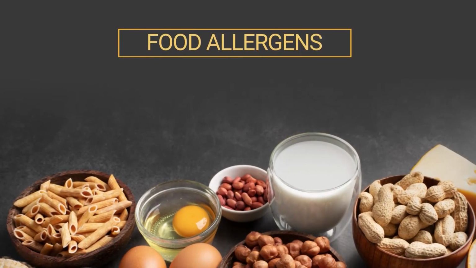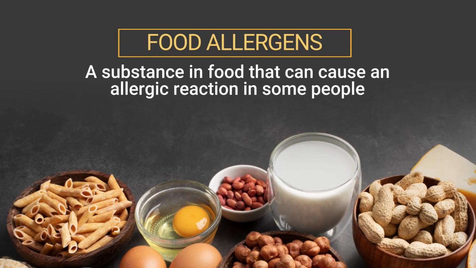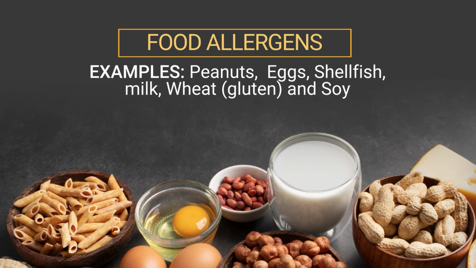Food allergens are becoming very important in the present scenario. They are substances which can cause an allergic reaction in some people. Examples, as you know, are peanuts, egg, milk, wheat gluten, and soya.